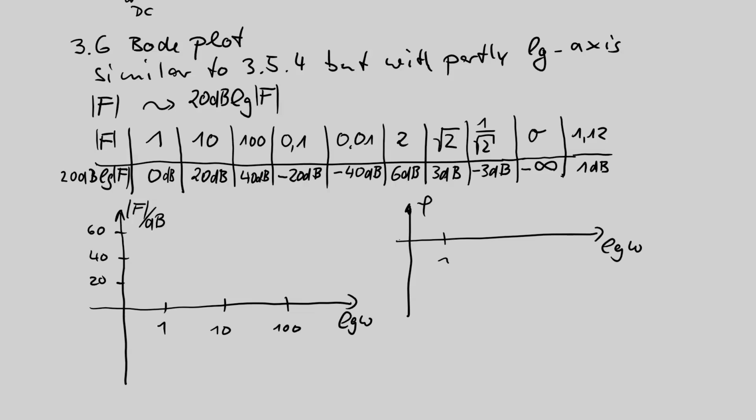Here again we have the logarithmic scaling of omega. Omega 1, 10, 100 is displayed in that way. And if I display those curves in that way, then we call those together the Bode plot. The Bode plot contains two curves. Yeah? This is the Bode plot.